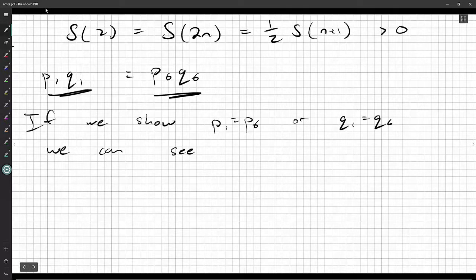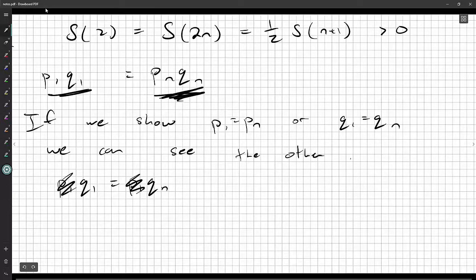For example, if we show P1 equals P6, well, not 6. I guess these are supposed to be n's. How quickly I abandon my generalization without thinking it through. So if I had P1 is the same as Pn, then this second statement here is really P1 times Qn. Just divide both sides by P1 and you'll get the other one. So the other is true by division.